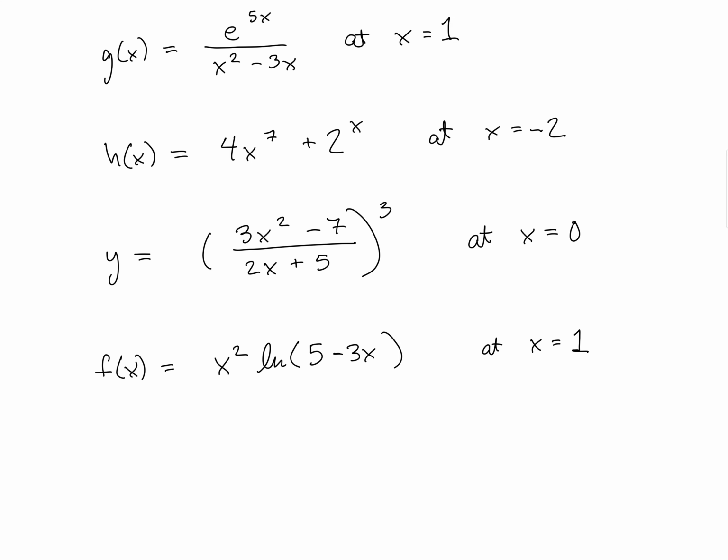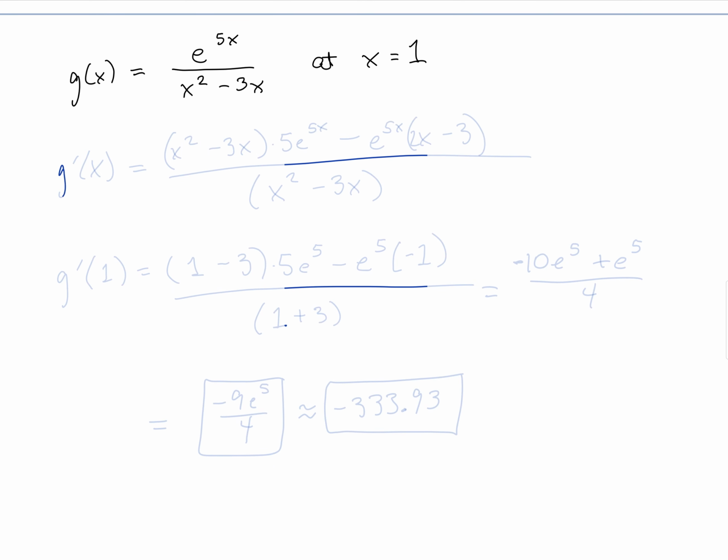Okay, for g of x, we need a quotient rule here. g prime of x is low, that's x squared minus 3x, d high, derivative of the top, e to the 5x. So that's a chain rule because 5x is a function inside that e to the something function.